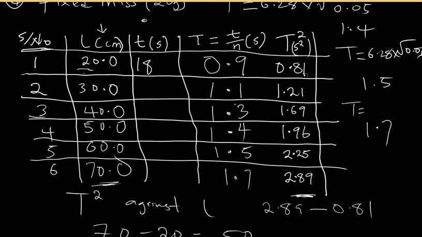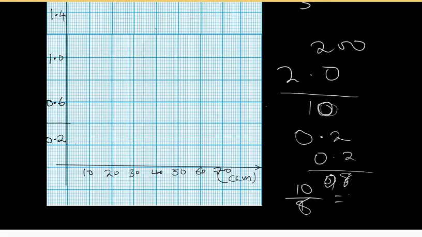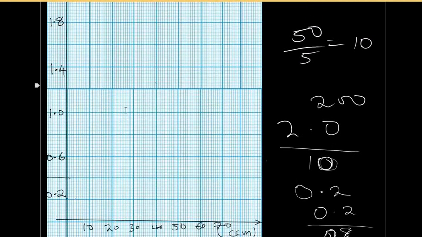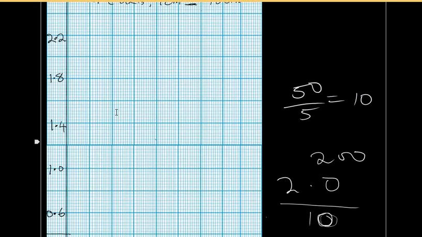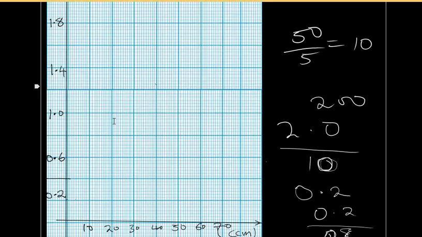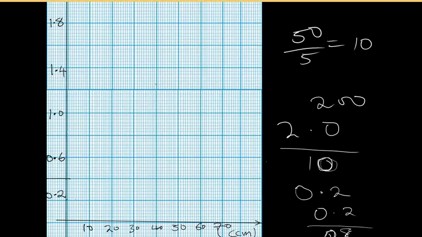When the length is 20 cm, our t square is 0.81. Let's go to the graph. 20 cm, then I have 0.81. This is 0.6, this is 0.8.